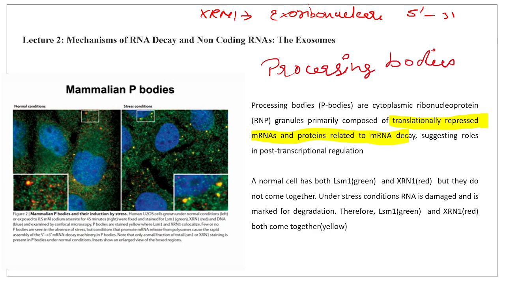When both LSM1 and XRN1 are together, this means that particular mRNA is marked for degradation. That means a P body is present there.